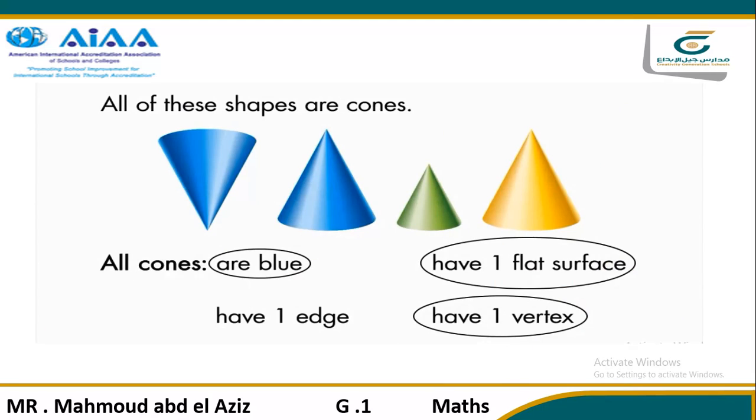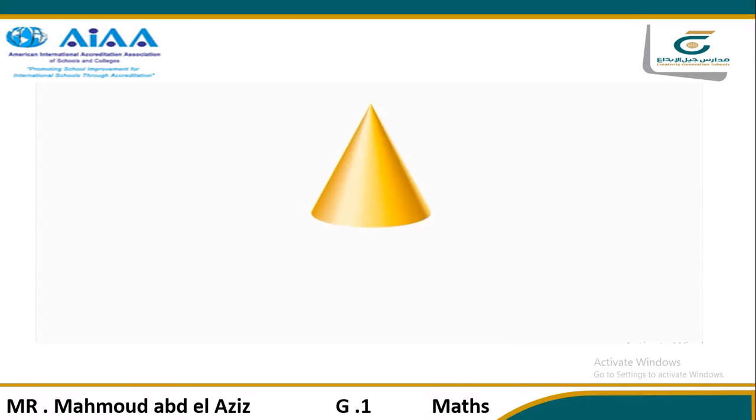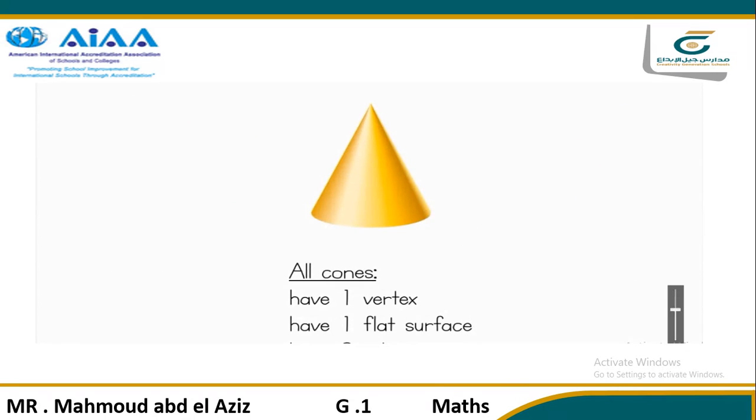To help these students make sense of the problem, point out the word all and explain that the words they circle must be true for all of the shapes. Work with these students to make a list of features that describe all cones. Encourage students to revisit this list as needed as they persevere in solving the problem.